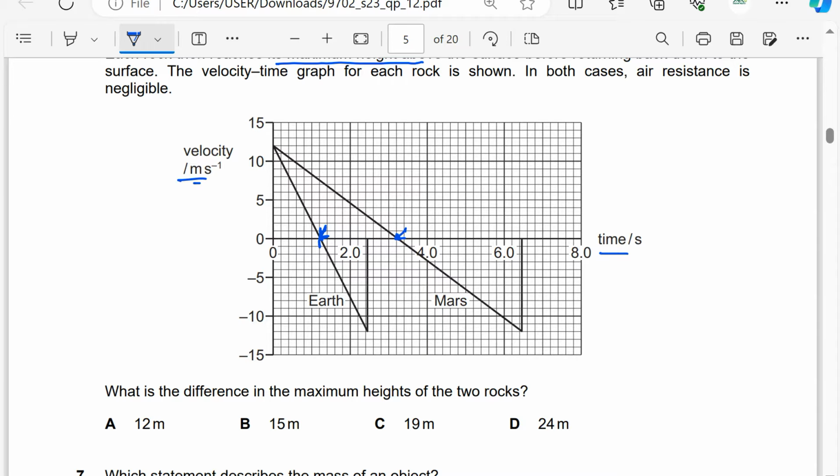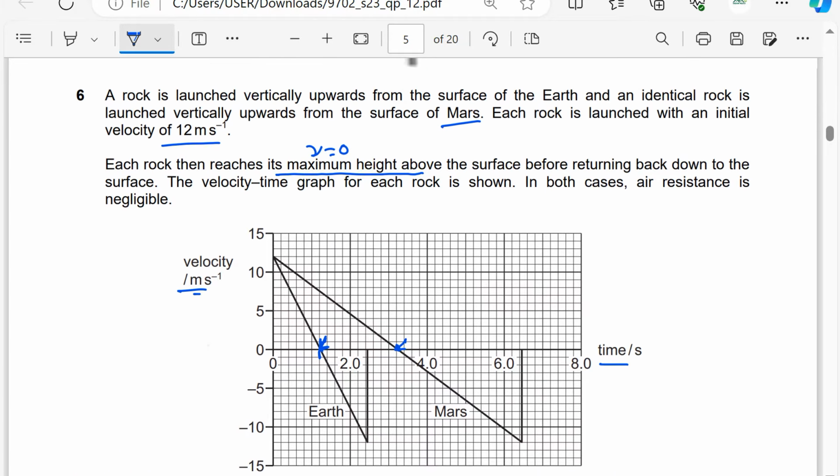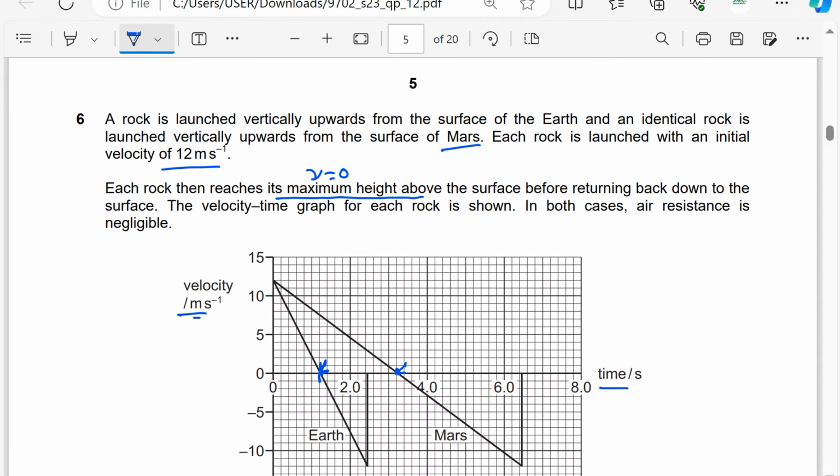So let's start with the Earth. For the Earth, of course, the maximum height is going to be the area under that part of the graph, this area here.